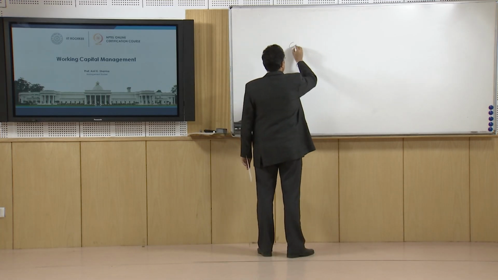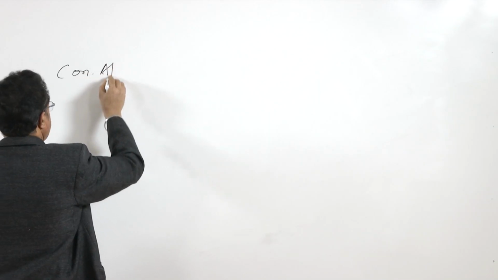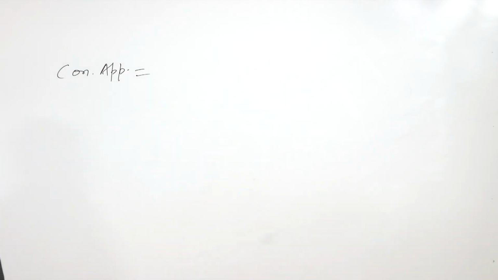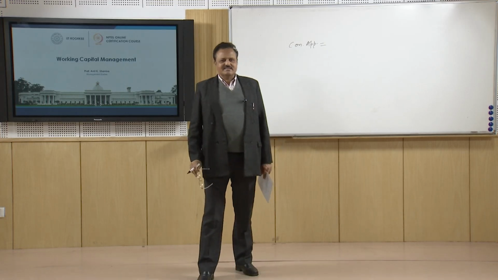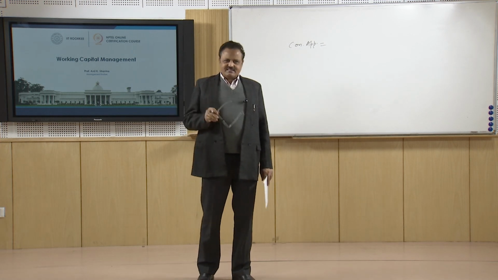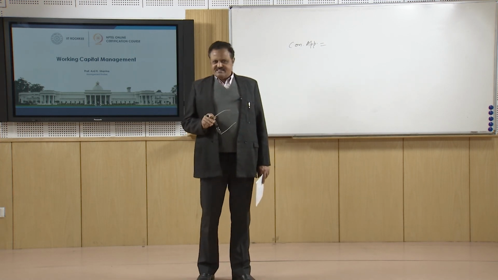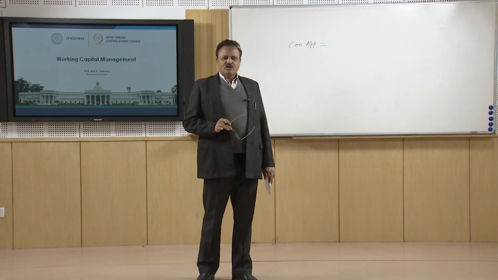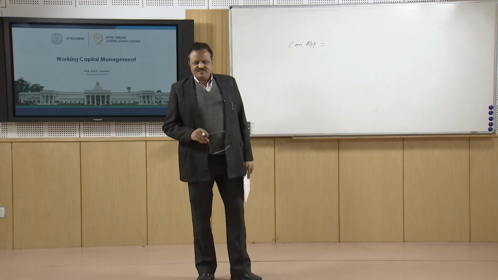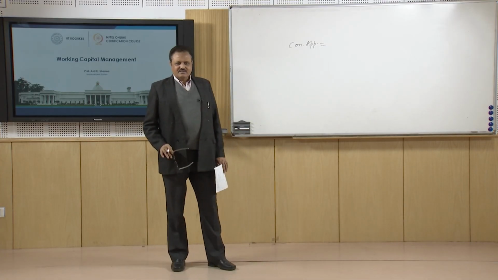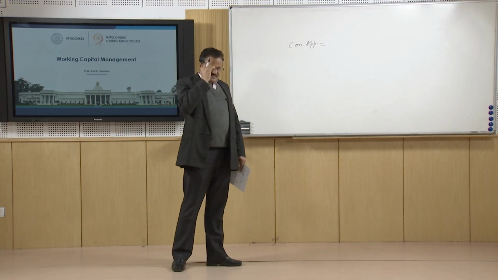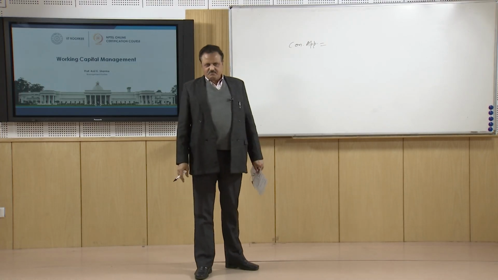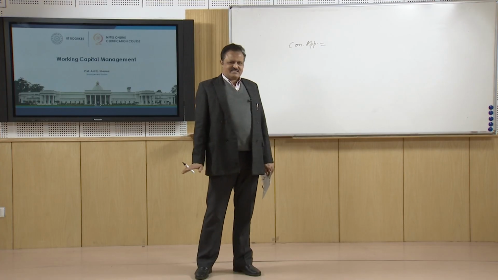Under the conservative approach, conservative means more funds will come from the long term sources, and only a fraction of the funds will come from the short term sources. We assume that the total maximum requirement of this company is 9,000 rupees in the month of October, and this is the maximum.